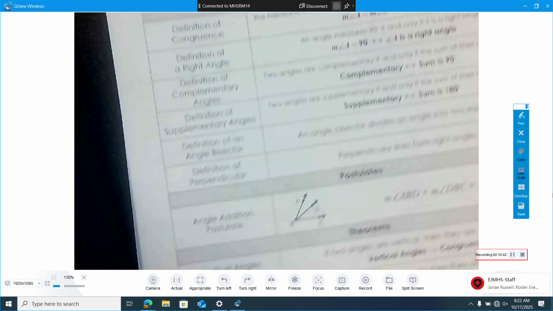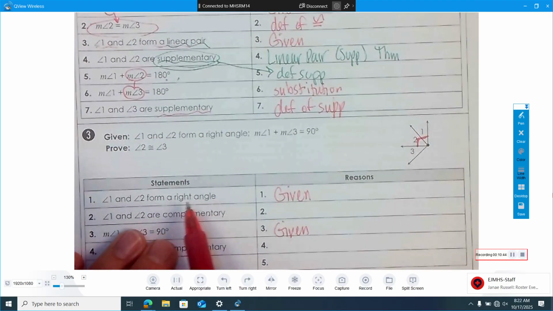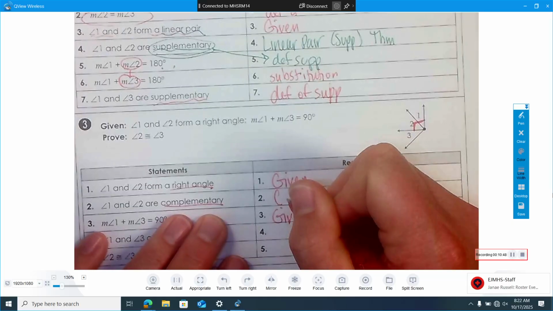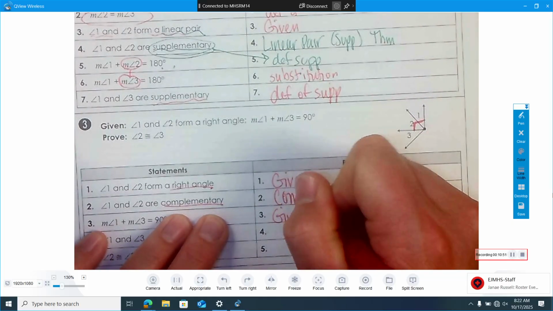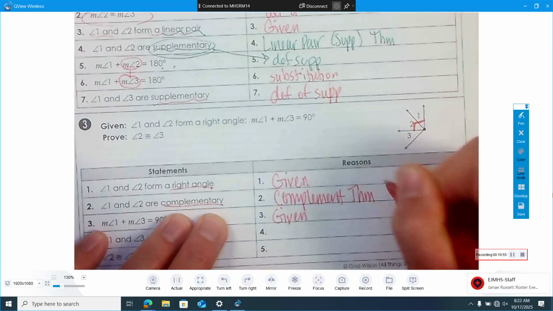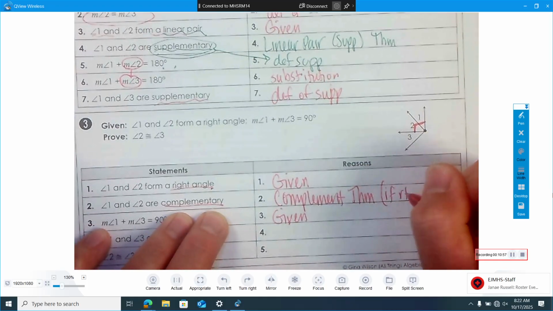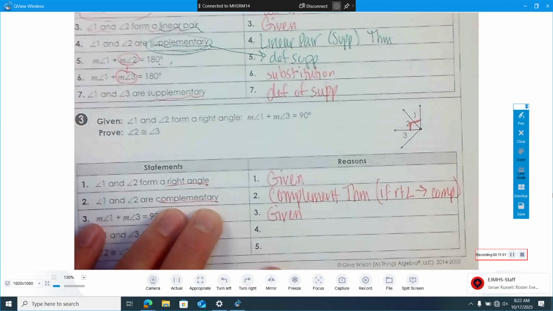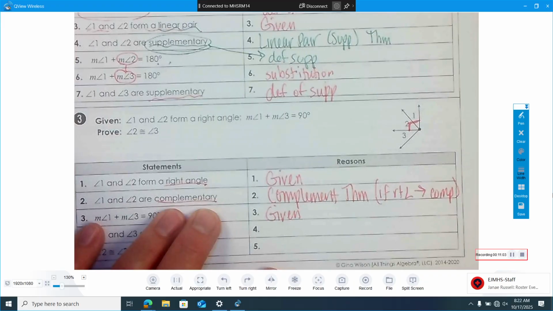That is the complement theorem. We could also just write if right angles, then complementary, which is a little more specific. It's a little better, but you will have to recognize the complement theorem. So if right angles, then complementary.